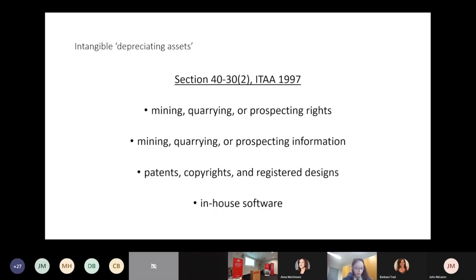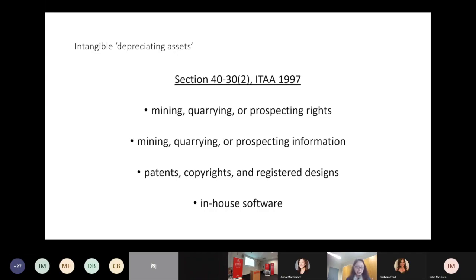So we do actually have a generic so-called uniform capital allowance regime to provide depreciation for assets that have a limited life and are reasonably expected to decline in value. But assets here generally means tangible assets.